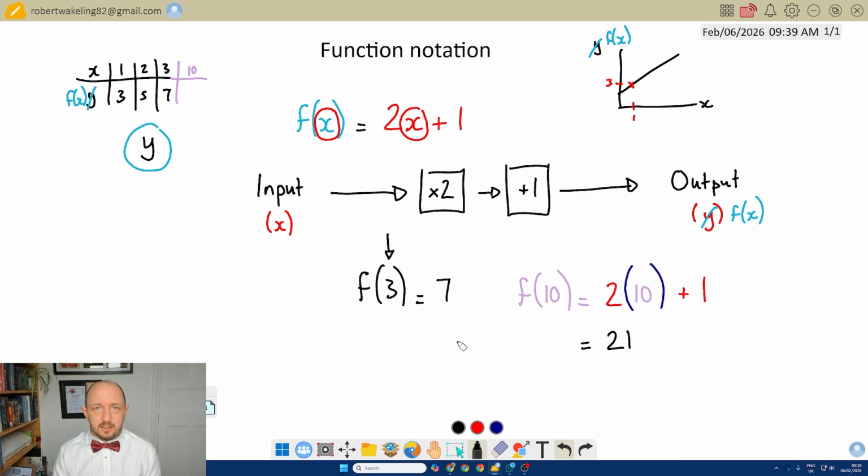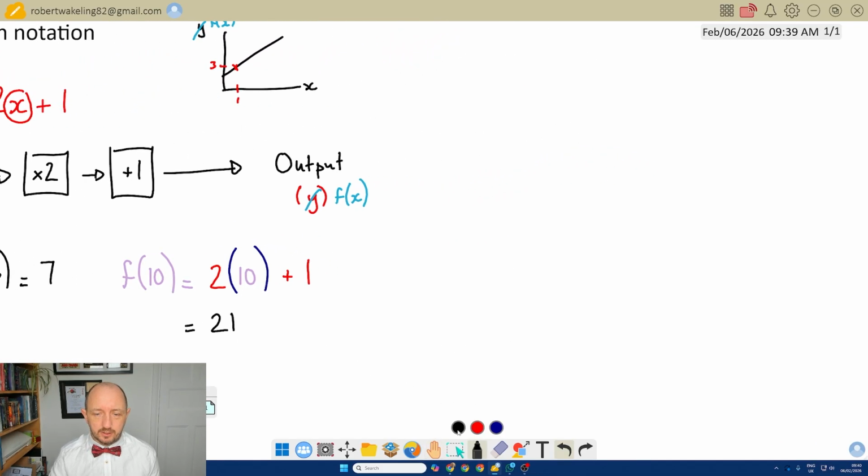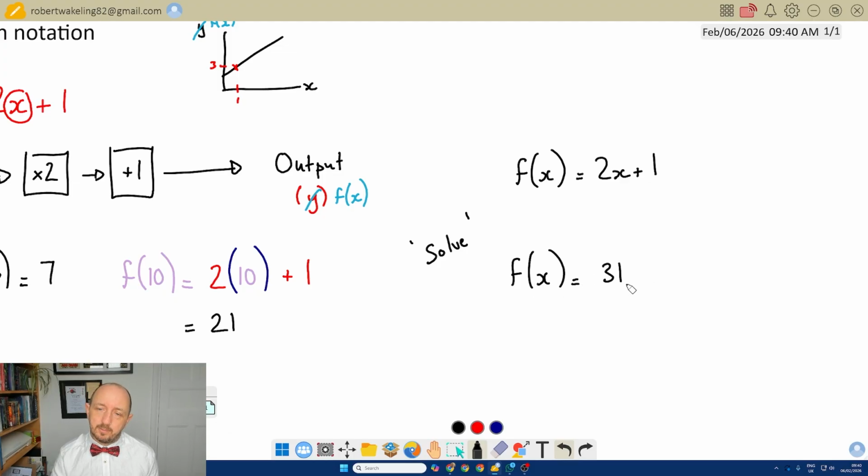Now, this topic does obviously extend and branch out a little bit. So I'm just going to show you a common question that you would see. We're going to stick with our original function. Let's just write it again over here. F of x equals 2x plus 1. And they might say solve f of x equals 31.